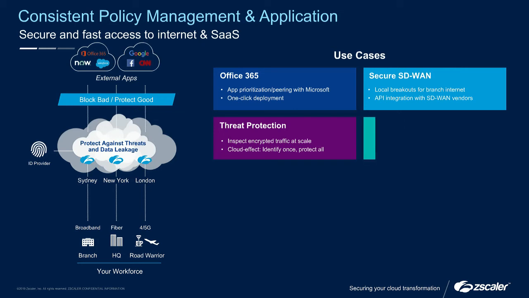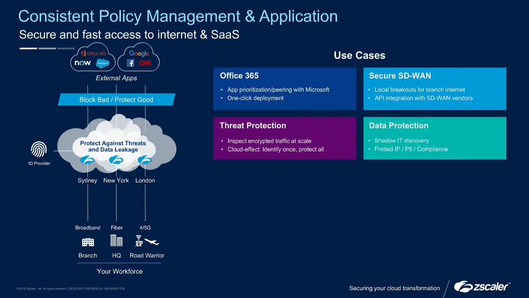And then things like data protection, wherein you can do shadow IT discovery, shadow IoT discovery, things like DLP, where you are actually allowing for the protection of private information and things like that.